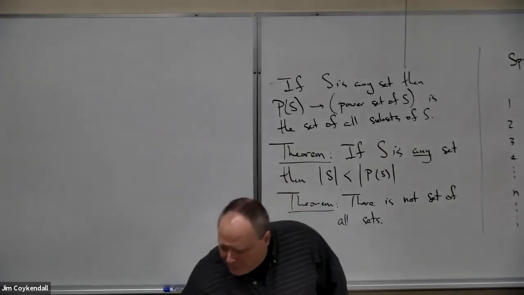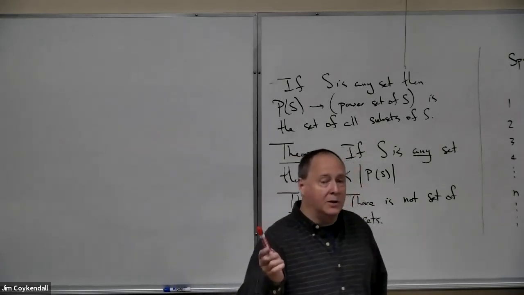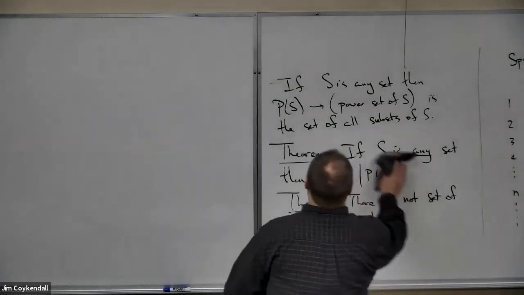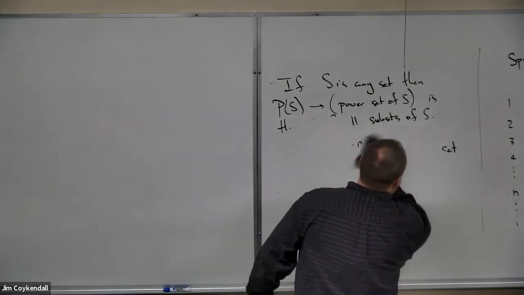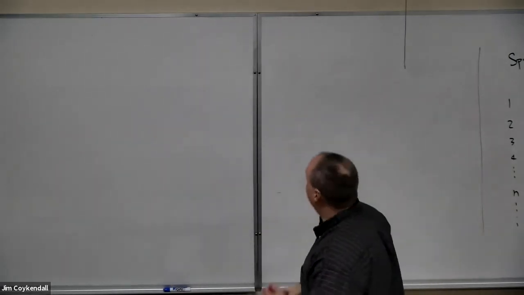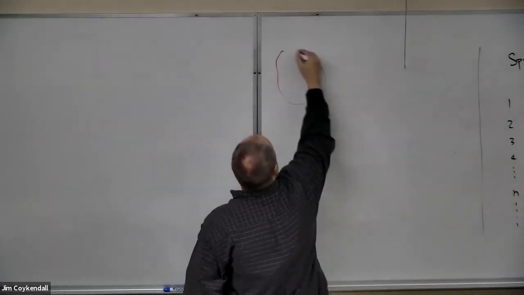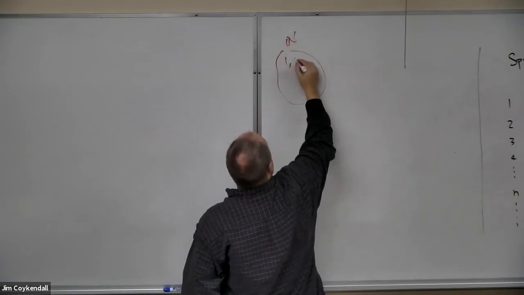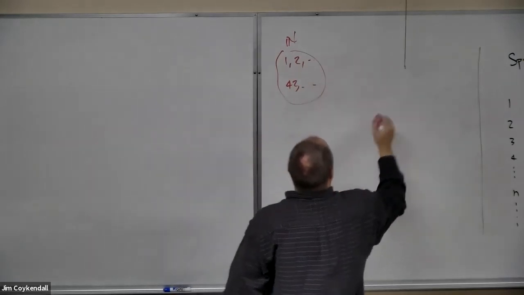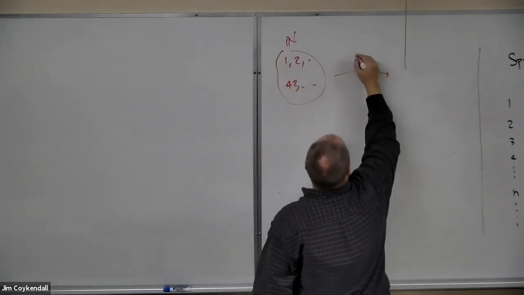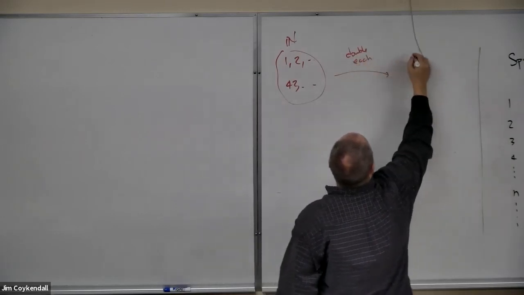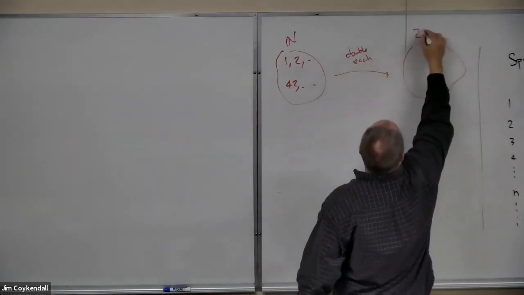I was just thinking. So actually, you should correct me if I start to describe something that is not what you meant. Suppose you start off with the set of natural numbers N, and you've got 1, 2, 3, and so forth. And you describe a process where you double each. What you will have here is what is sometimes called 2N.